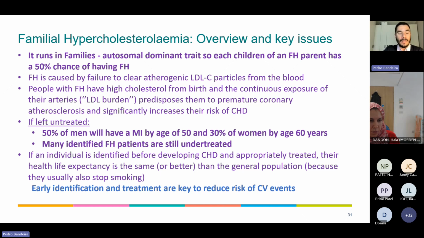If these patients are left untreated, 50% of the men will have a myocardial infarction by the age of 50, and 30% of women will have an MI by the age of 60.